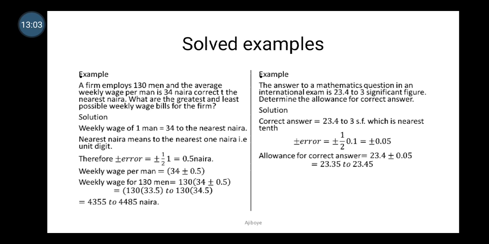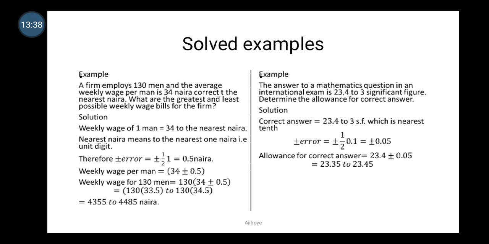So the weekly wage for the firm will become 4,355 naira to 4,485 naira. That will be the weekly wage, just by multiplying by the number of men. So what we did there was to first get the limits of the weekly wage per man, and then multiply by 130, the number of men.